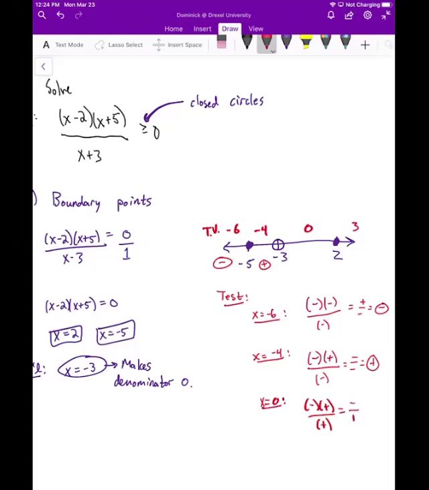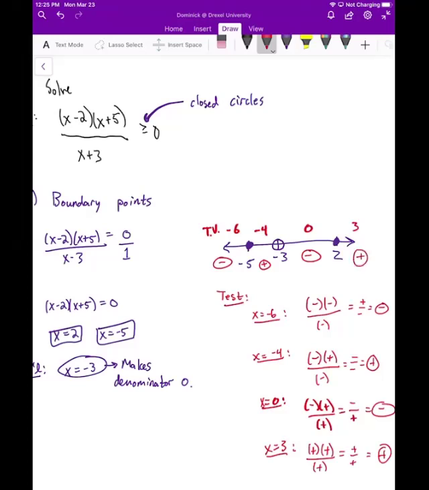So we get negative over a positive, which is negative. So this section is negative. And finally, if we test x equals 3, we get a positive, positive, and positive again. So everything is positive, and overall the whole thing is positive.